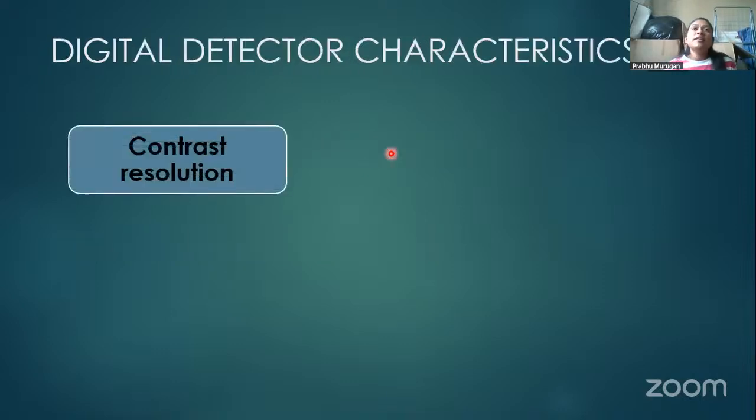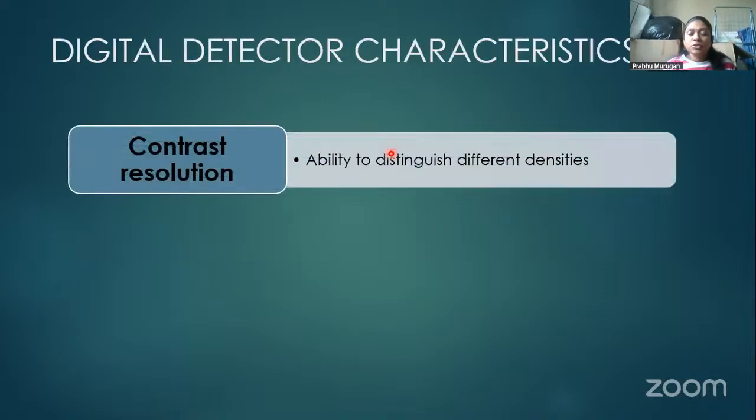So when it comes to the characteristics of your X-rays, there are four main things that we need to know. First is your contrast resolution. These are the characteristics that your X-rays have to possess. Contrast resolution means the ability to distinguish the different densities, that is, your different shades of gray. Bone has to appear more radiopaque. Soft tissue has to appear radiolucent. In between that, different shades of gray will be there.